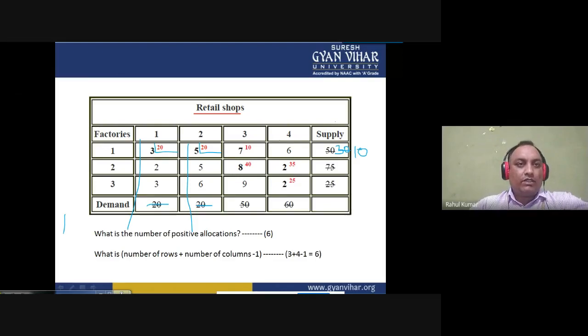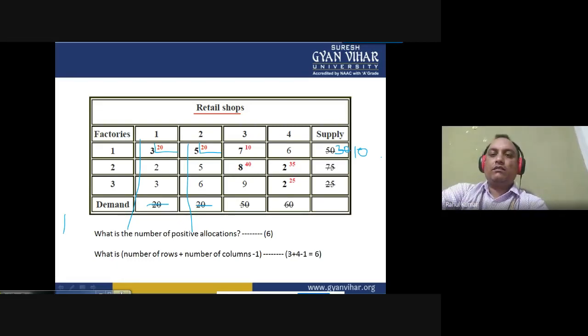Then move to the corner rule. Here demand is more: demand is 50, but the remaining supply is only 10. For this case, allocate only 10, and this 10 and this 10 will cancel out.